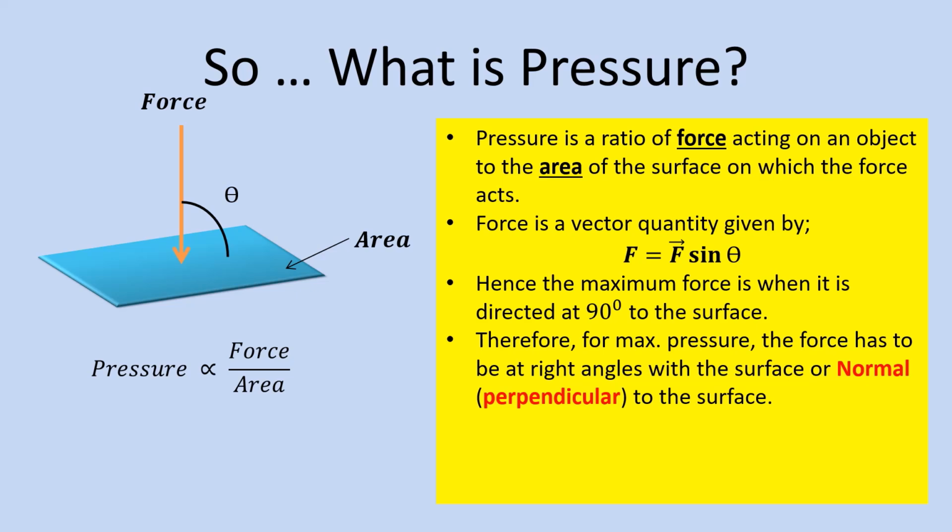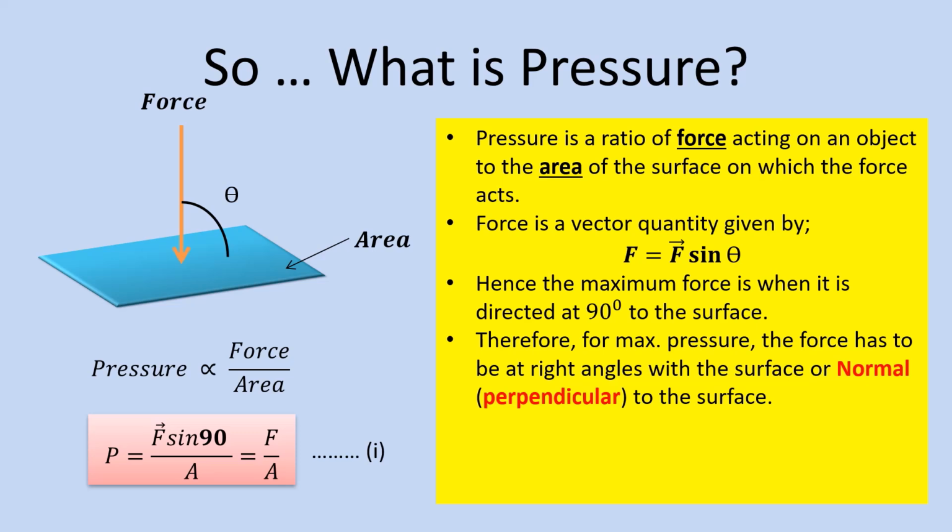So we are now narrowing down, and we are close to coming up with a concrete definition for pressure. From the illustrations, we can conclude that pressure equals force over area, and we say that the maximum force F, or the force at 90 degrees to the surface, should be the same as F sine 90, and sine 90 equals 1, because 90 degrees is the same as normal or perpendicular.